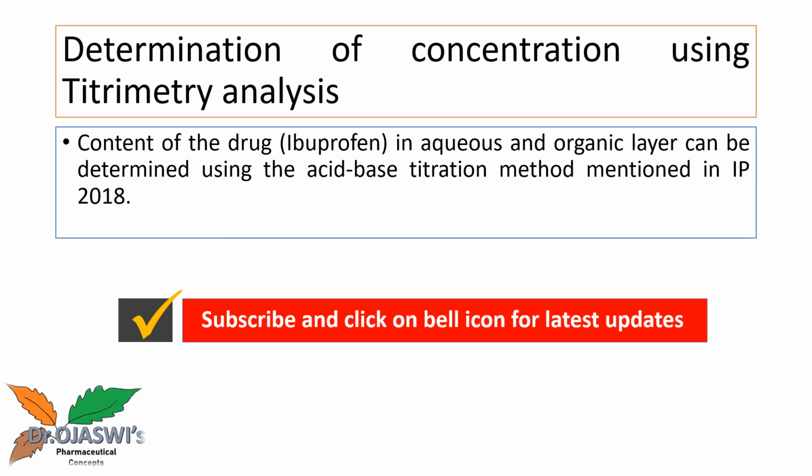And for ketoconazole also, in Indian Pharmacopoeia 2018, the non-aqueous titration method is given. So we can refer to those procedures to determine the concentration of these drugs using this titrimetry analysis, for determining their concentration in the aqueous and organic layers.